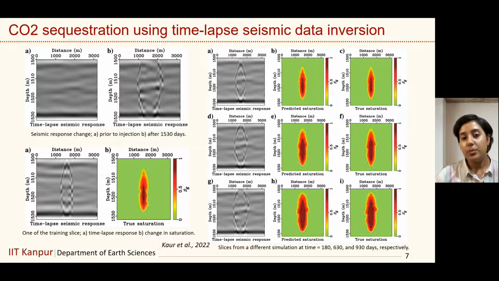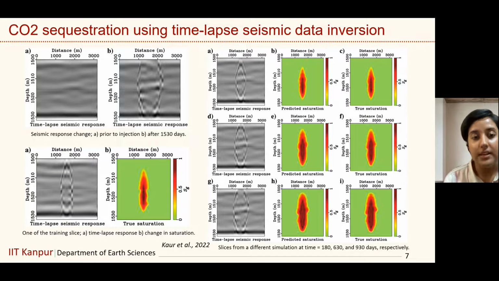This is a simulation study that has been performed by Kaur et al., 2022. Here you can see that first it's before injecting the CO2, and section B is after injecting the CO2, after about 1530 days, and here you can clearly see the variation in the time section seismic response.